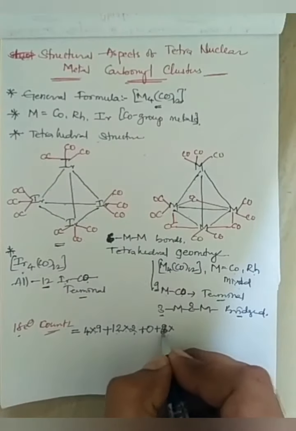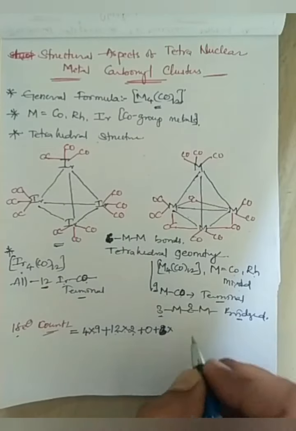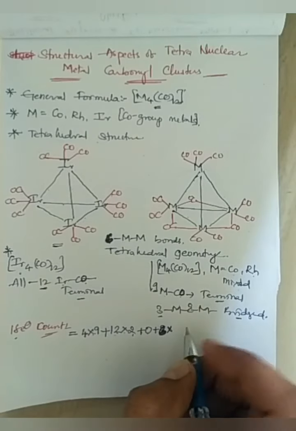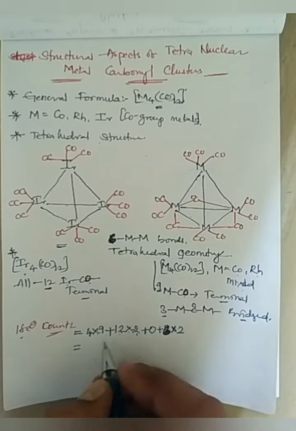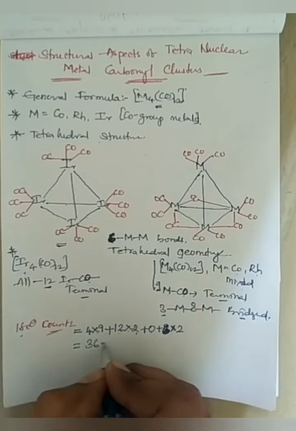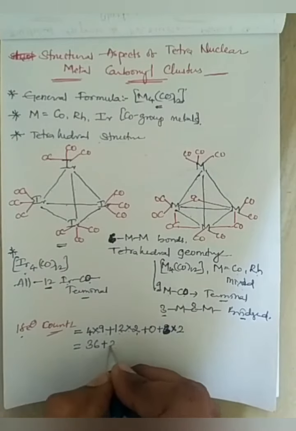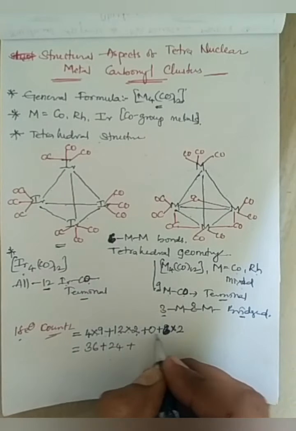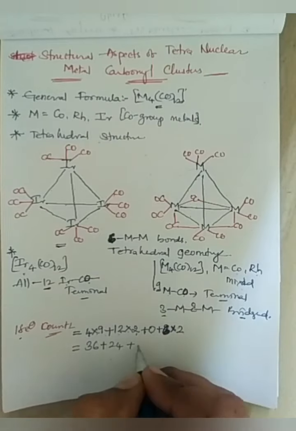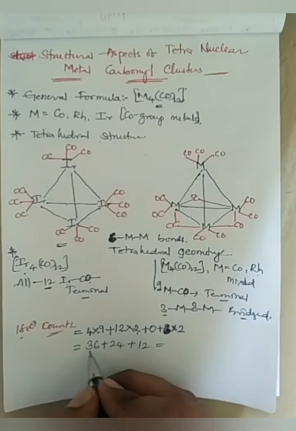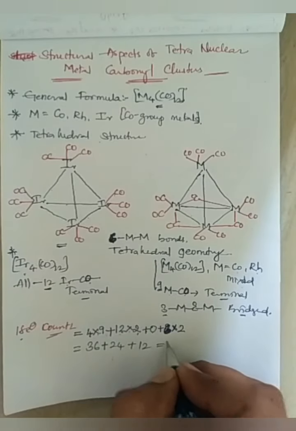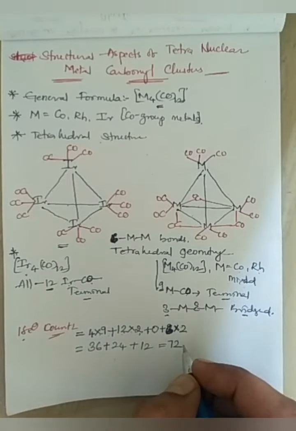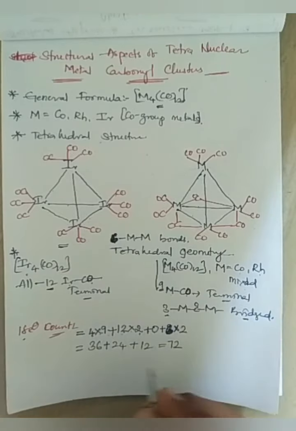So having 6 metal to metal bonds, that is 6 times the number of electrons in a metal to metal bond, that is 2. So altogether, 4 times 9 is 36, plus 12 times 2 is 24, plus 0, plus 6 times 2 is 12. So 36 plus 24 is 60, and 60 plus 12 is 72. That is 72 electrons around all 4 metal atoms, right?